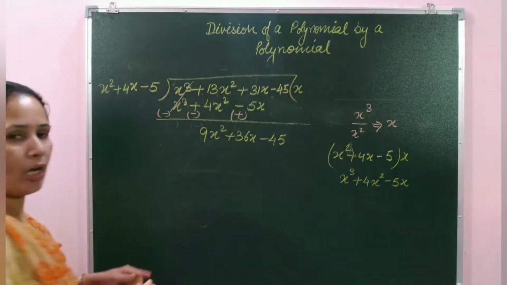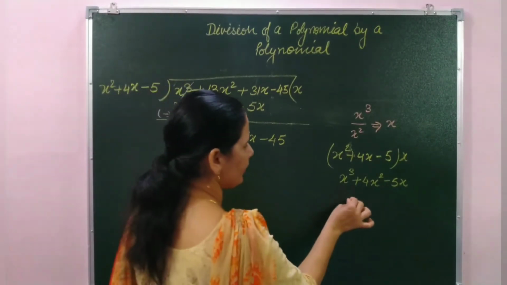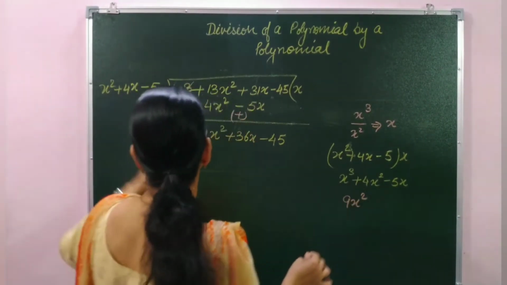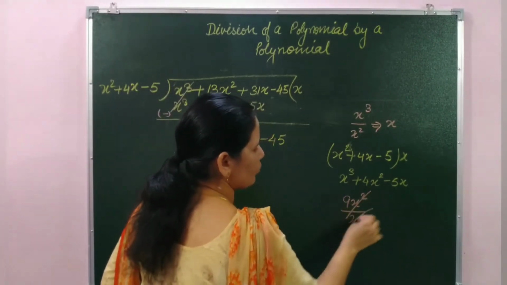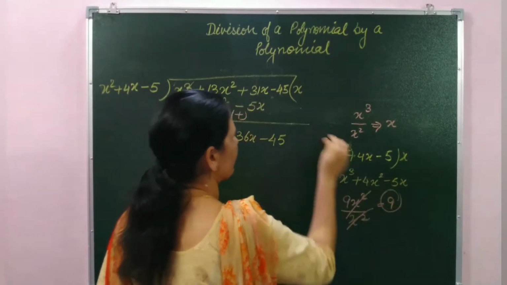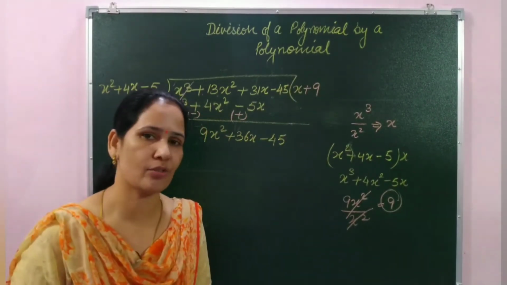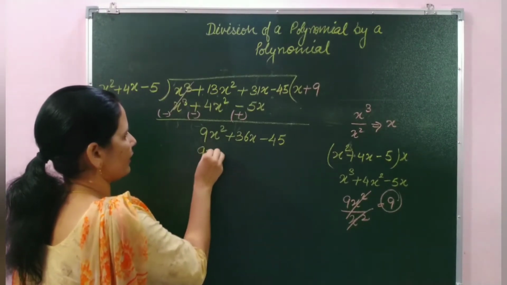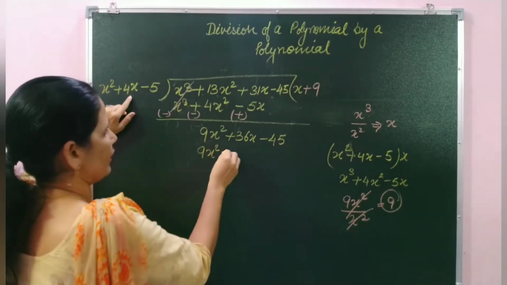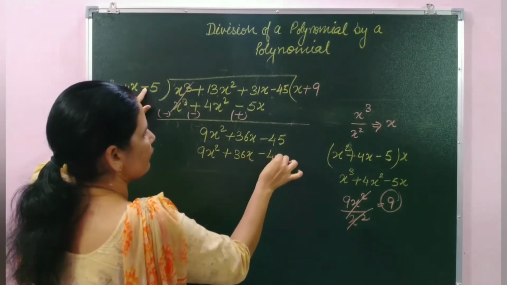Okay student, now after this the first term is 9x square, so we will write 9x square and divide it by x square. So x square cancels by x square, and the answer is 9. So the next term that we are going to multiply is 9. When we multiply with 9, it will come 9x square, 9 fours are 36x, 9 fives are 45.